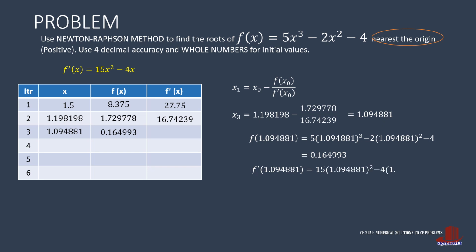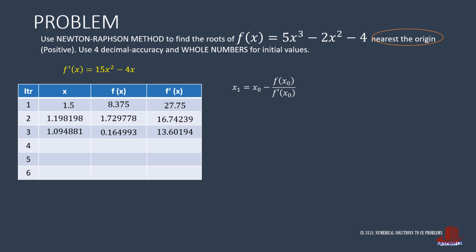Then also plug in the same x value into the f prime function, which becomes 15 of 1.094881 squared less 4 of 1.094881, simplified as 13.60194.